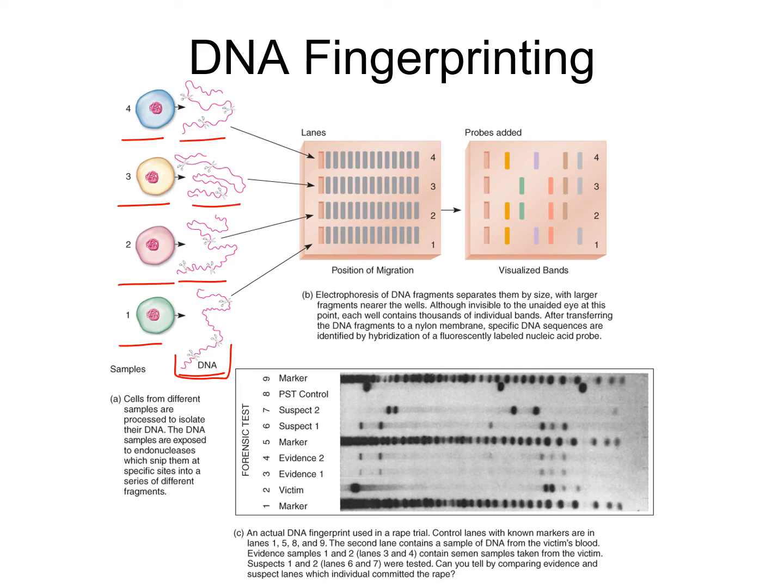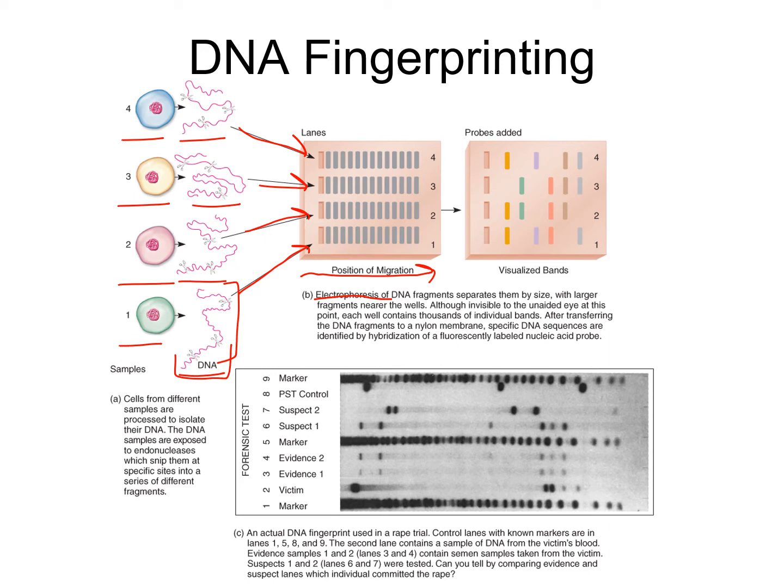Once the DNA is cut, then you have fragments of DNA of different lengths, and when you have that situation, you run electrophoresis on those fragments. So you would load those samples into 4 different wells in a gel. So that's the agarose gel. Then you would have electricity move the DNA down through the gel, and that would create your DNA fingerprints.